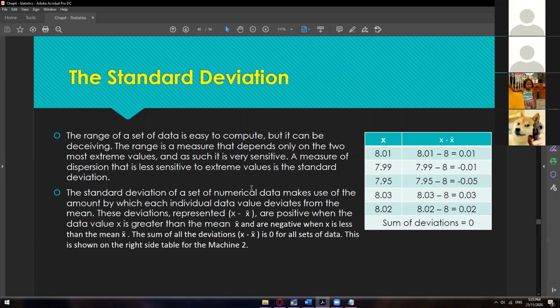Okay, you might be wondering, where do we use the standard deviation? This is used by companies to check whether there is a margin of error in their products. For example, Pansit Canton. In some Pansit Canton, there are packs with two sauces.